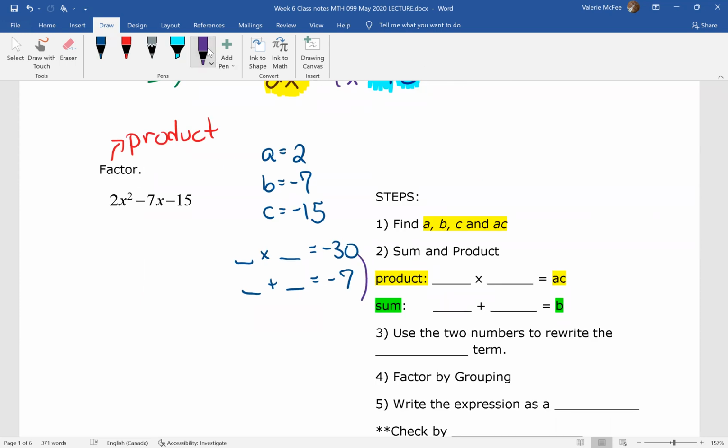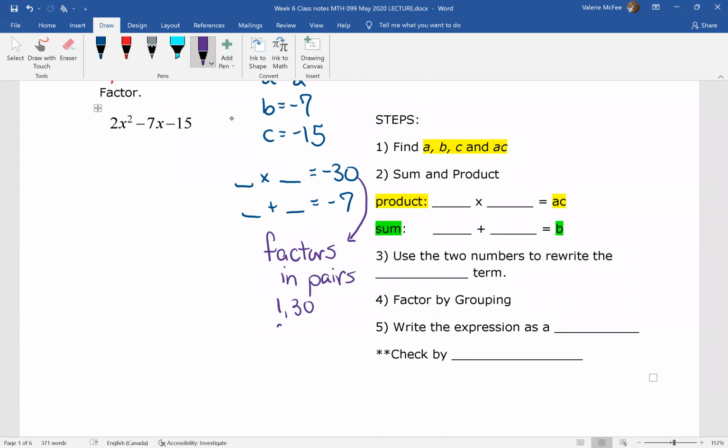So we're going to list the factors of 30 in pairs: 1 times 30, 2 times 15, 3 times 10, 5 times 6.